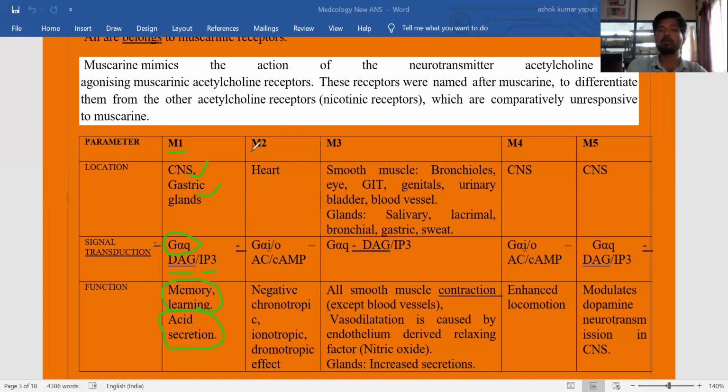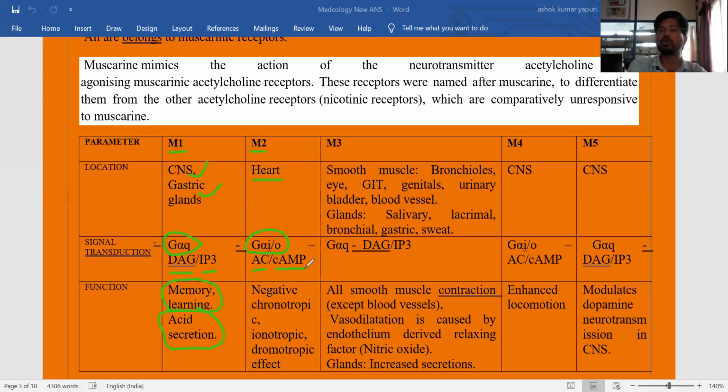Next, M2, type 2 muscarinic receptors. The location is the heart, cardiac muscle. The active G protein is G alpha I, where I means inhibition, which is opposite to stimulation. Here there is decreased adenyl cyclase action as well as decreased cyclic AMP.